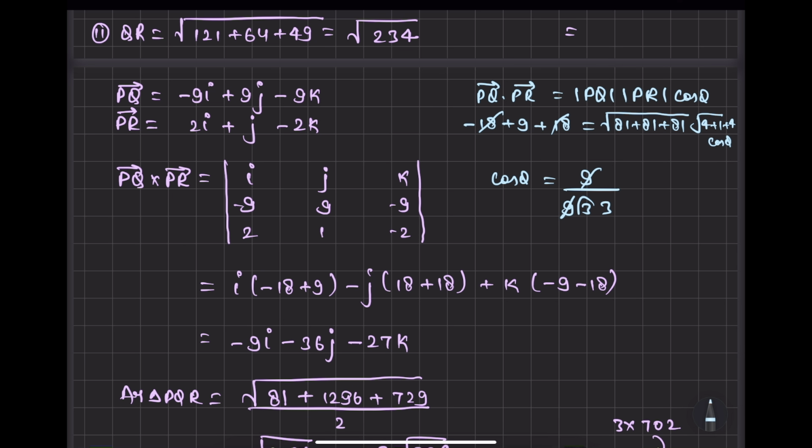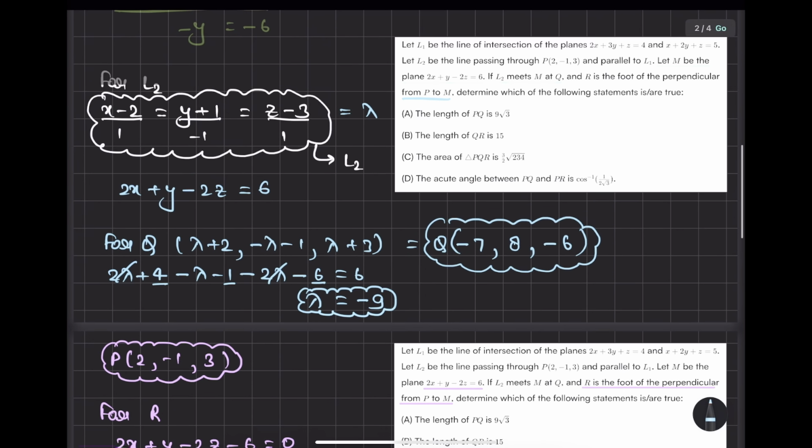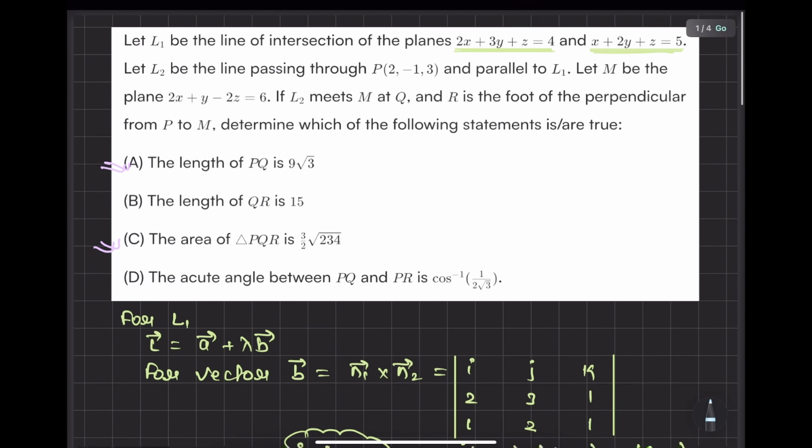So this thing is gone. So we are left with 1 by 3 root 3. So this is your acute angle, 1 by 3 root 3. This is your fourth choice. But the option says 1 by 2 root 3. So this is wrong. So option A and option C are the correct ones.